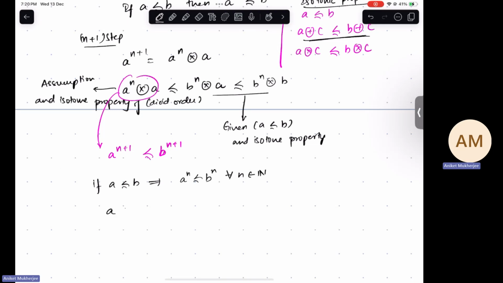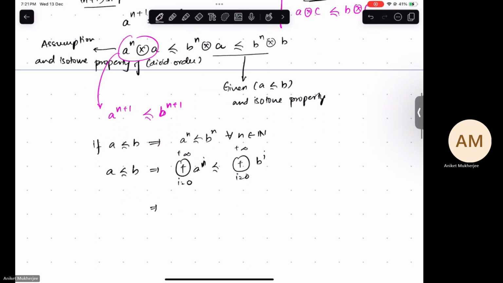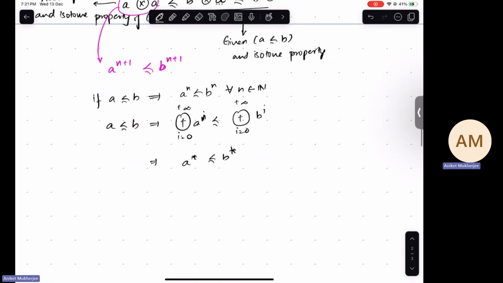So adding all this up, you'll get if A is less than or equal to B implies A star is less than or equal to B star. This is the first one done.